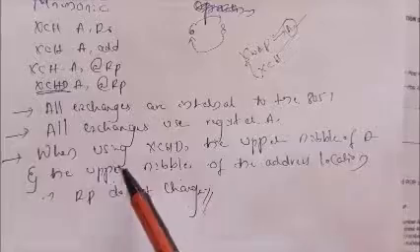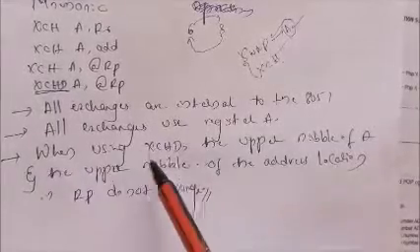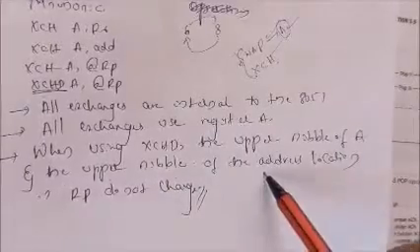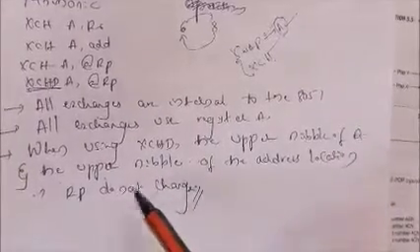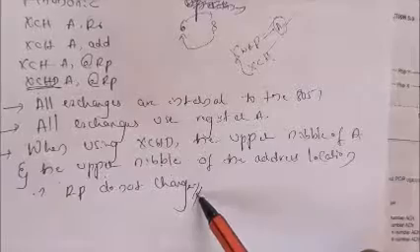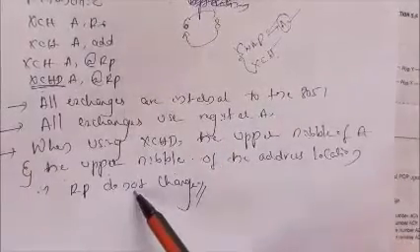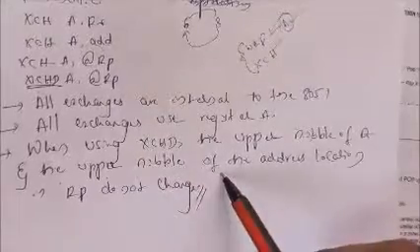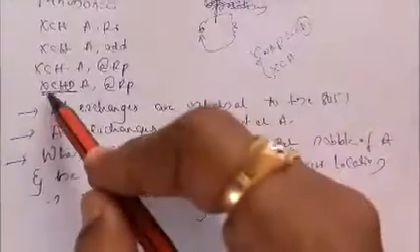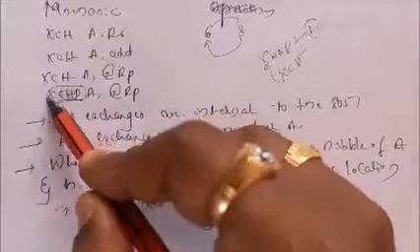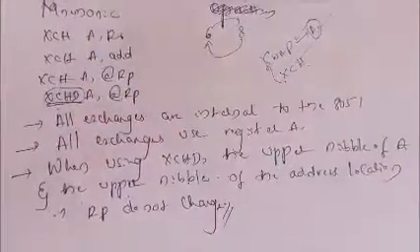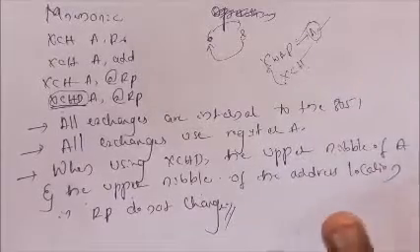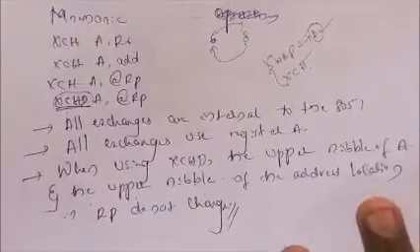I have written here, just read it once: when using XCHD, the upper nibble of A and the upper nibble of the address location in RP don't change. The upper nibbles stay as they are, and it is not going to make any changes. Only the lower nibble gets exchanged by using the XCHD instruction. The remaining ones are only the XCH instruction. This is very important for lab purposes, so try to read all the instructions and practice them.